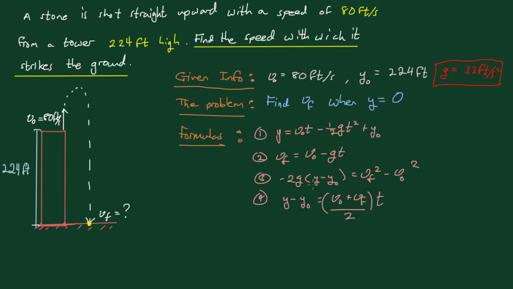And we can deduce that y has to be 0, because the stone hits the ground at y equals 0. So we have everything here except for the final velocity, which we can solve by manipulating this equation and putting all the other terms to one side. So we don't really need to take a look at this fourth equation. This one can help us get the final velocity directly, so we'll go ahead and use equation number 3.